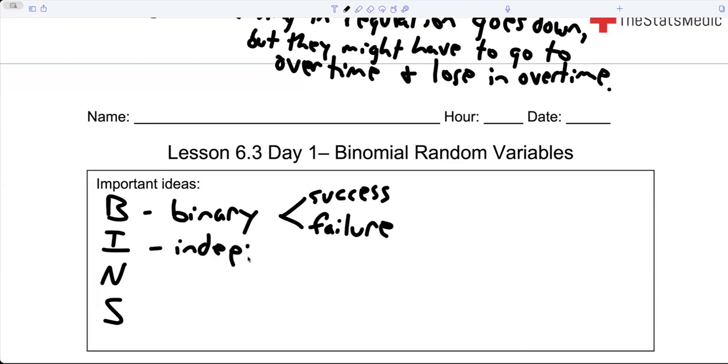Second thing, independent. All of the events must be independent. And so we were assuming, for our purposes of illustration here, that when he is shooting the free throws, those 3 shots were independent of each other. Okay? Third one, and this is what makes it a binomial distribution as opposed to a geometric distribution, which we will look at a little later, is there is a fixed number of trials.